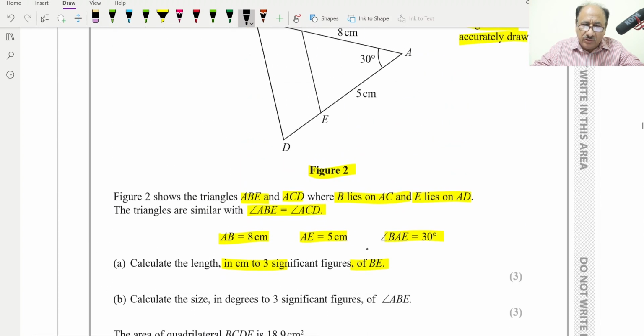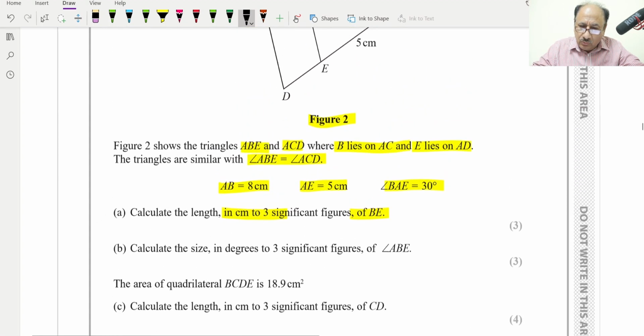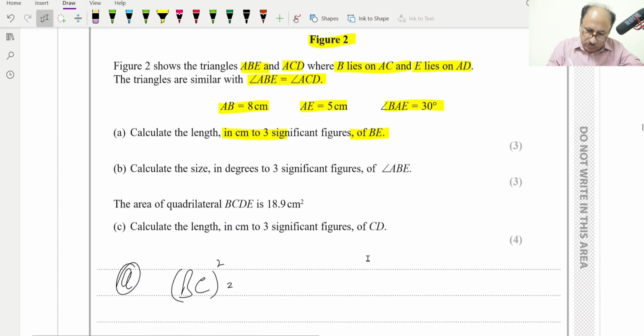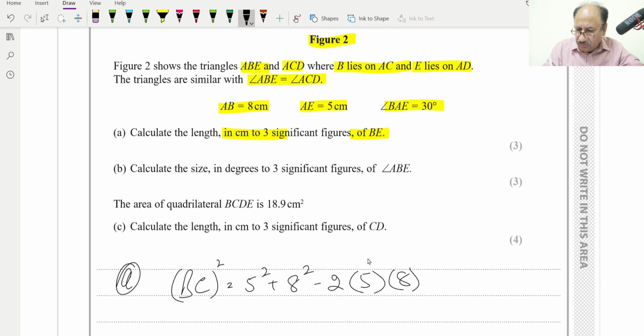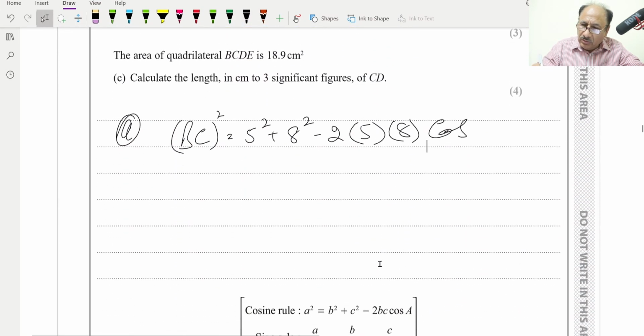The side we have to find is BC. According to the cosine rule, BC squared is equal to the sum of the squares of the two other sides, 5 squared plus 8 squared, minus 2 into 5 into 8 into cos of this angle, which is 30 degrees.